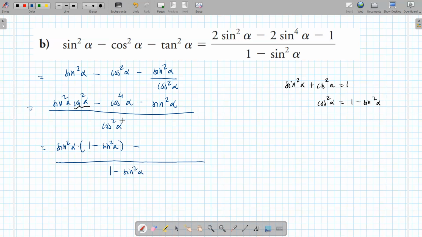What about cosine to the power of 4 theta? What do you think that is equal to? If cosine squared is 1 minus sine squared, what's cosine to the power of 4? It's going to be 1 minus sine squared alpha, the exact same thing, whole squared.